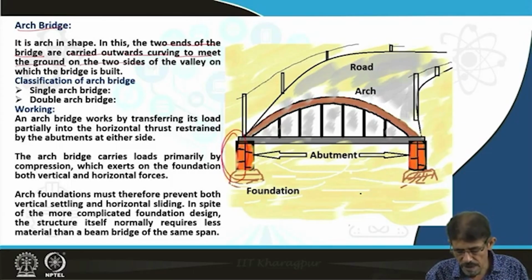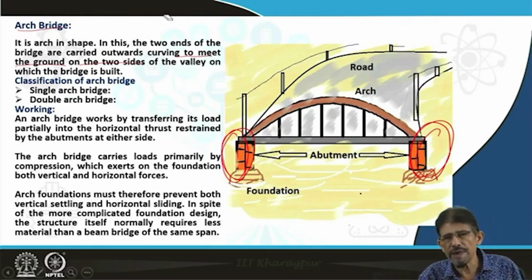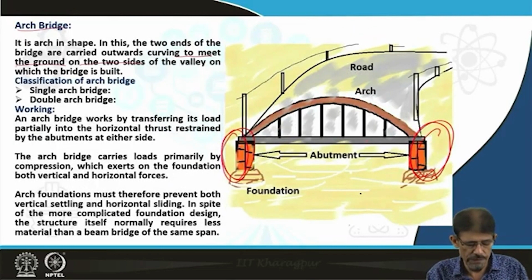Here the two sides are recognized as abutments of a valley. Based on the number of arches, it can be divided into a single arch bridge or a multiple arch bridge.